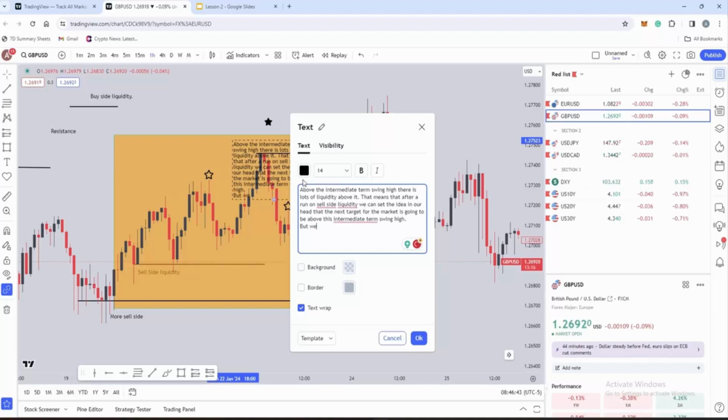But we will only think like this if the bias is bullish for this trading day or trading days.